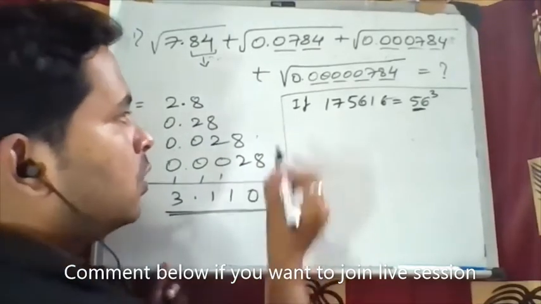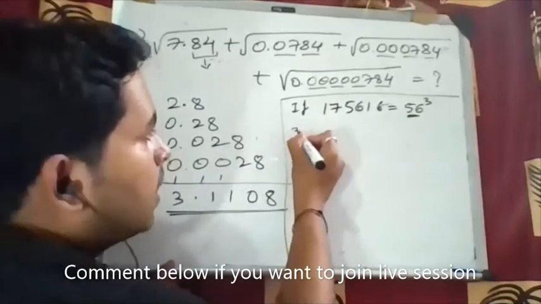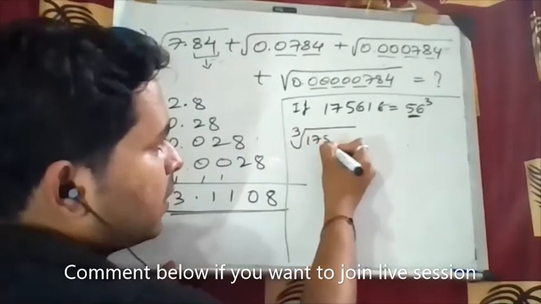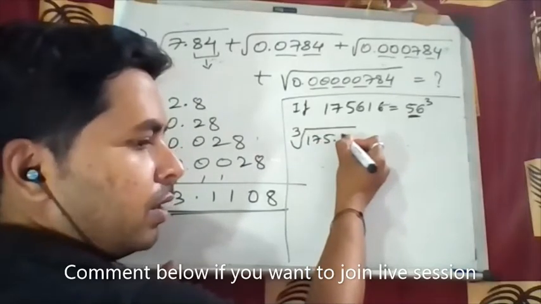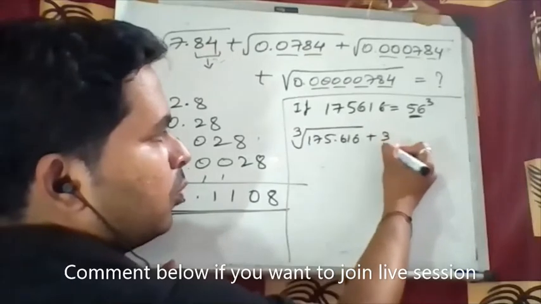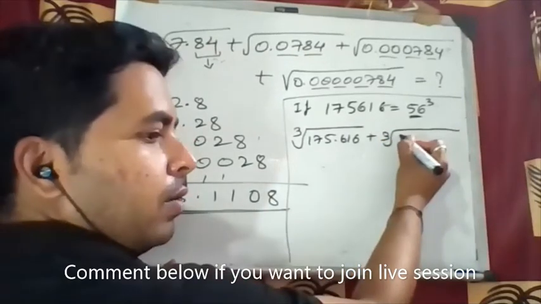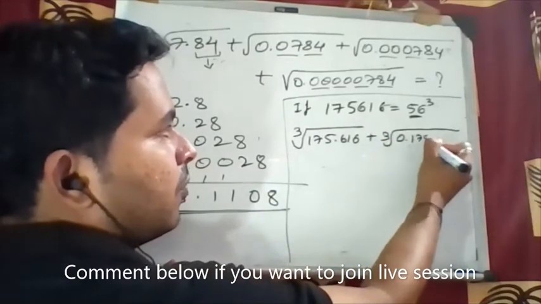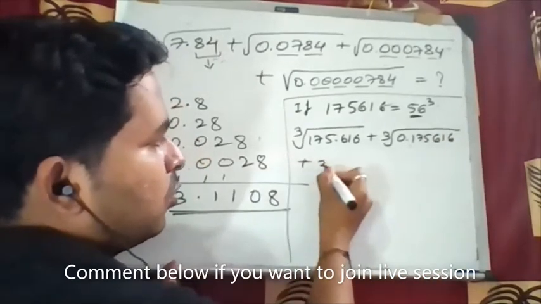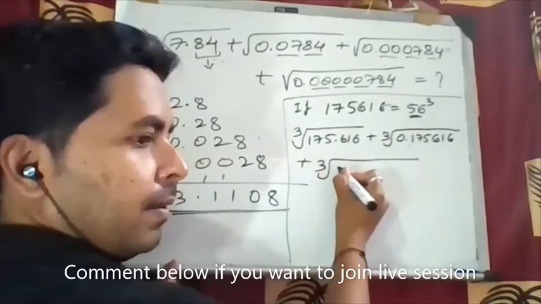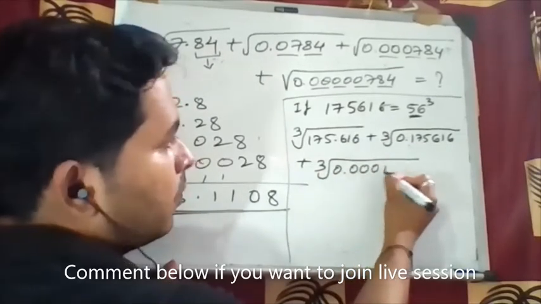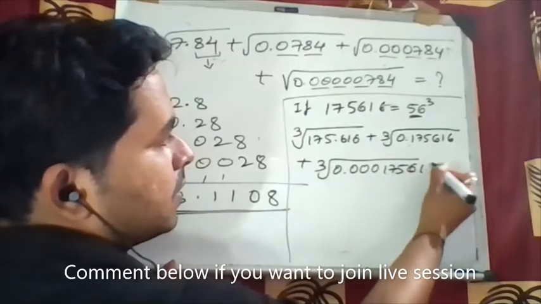Okay, so they'll ask you to find the cube root of 175.616 plus the cube root of 0.175616 plus the cube root of 0.000175616.